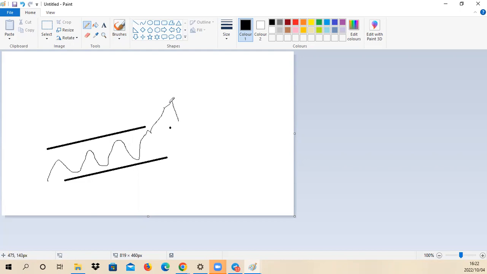When the market comes down, it's going to trap the retail traders, who usually want to sell the market instead of selling at this point. And then it's going to push back, and when it pushes back up, the smart traders are going to close their trades at this point.